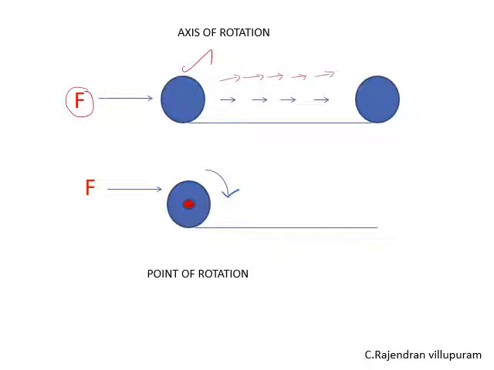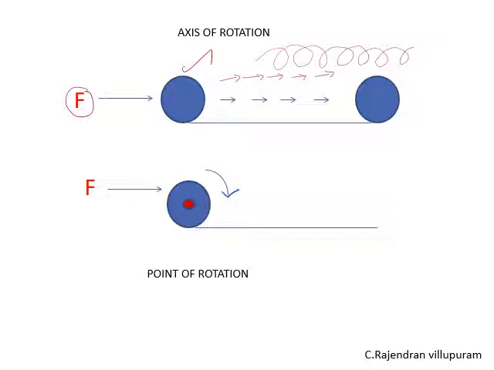That means the object begins to roll like this. It rotates about an axis. So this is the topic of axis of rotation.